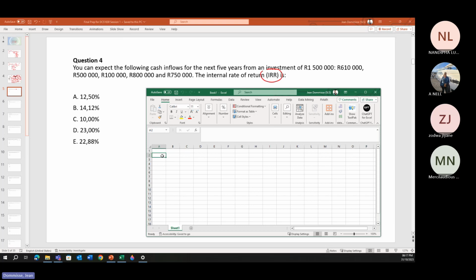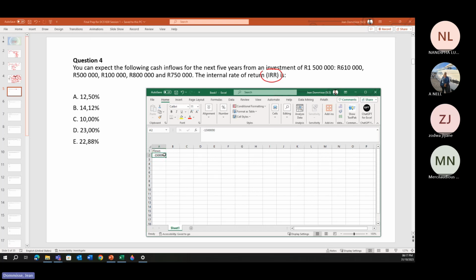So let's put in: you can expect the following cash inflows for the next 5 years from an investment of 1,500. So there was that initial investment of 1,500,000. So that we just get that right.